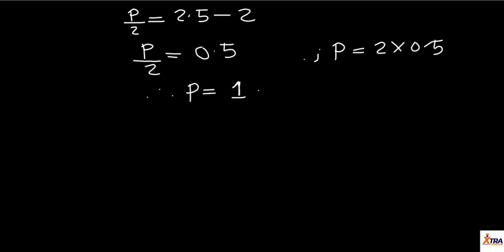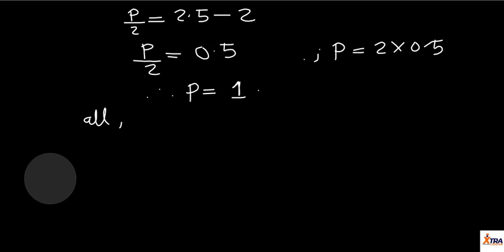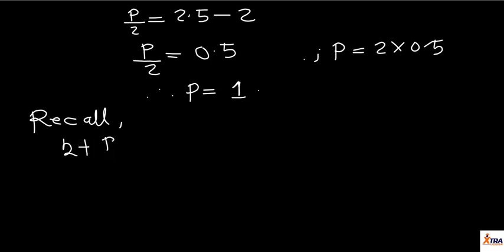Now that I've been able to get a definite value for my p, all I need to do now is to substitute into the expansion that I derived above. So recall that was 2 plus p over 2 all raised to the power 4.